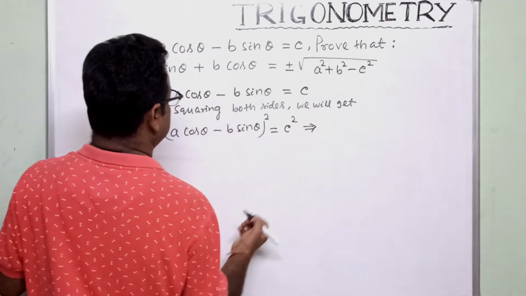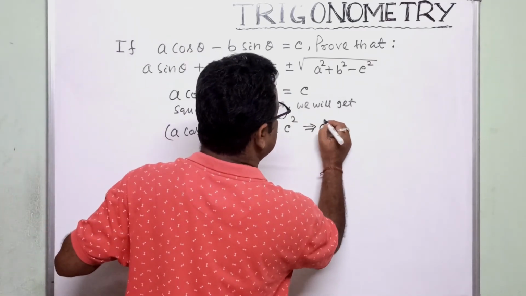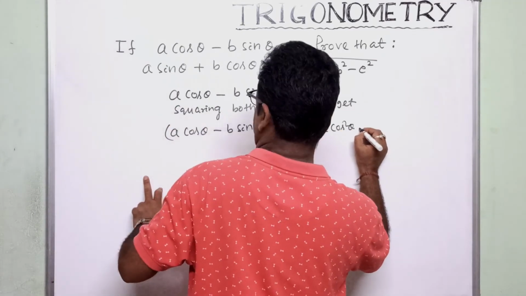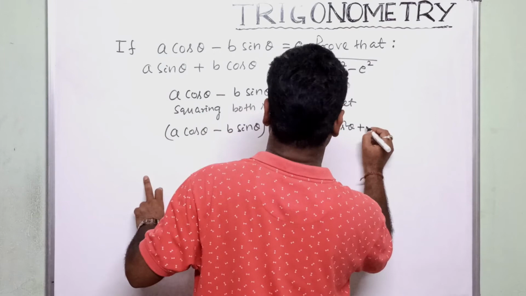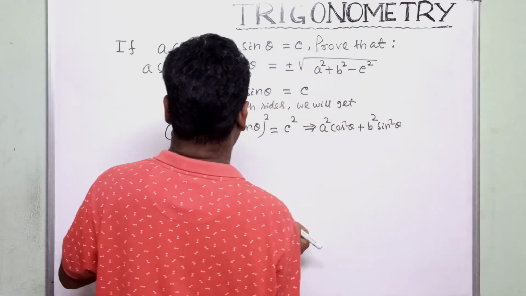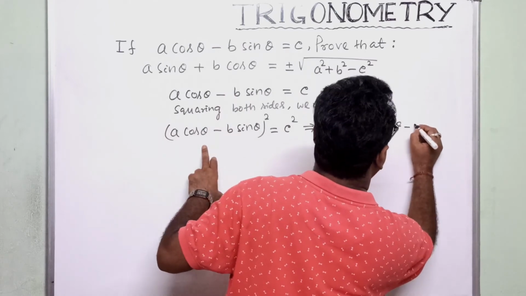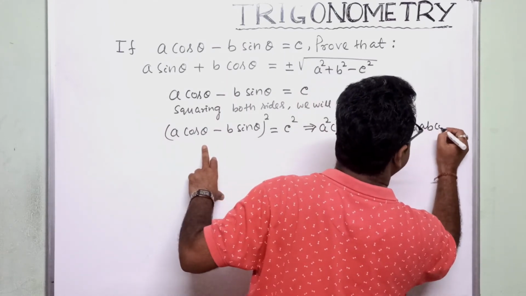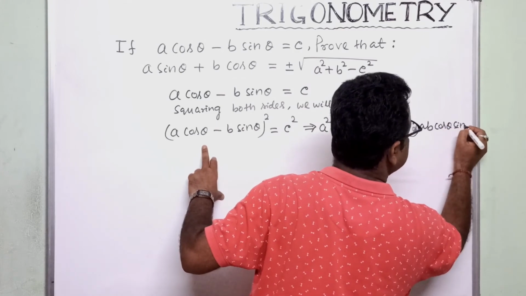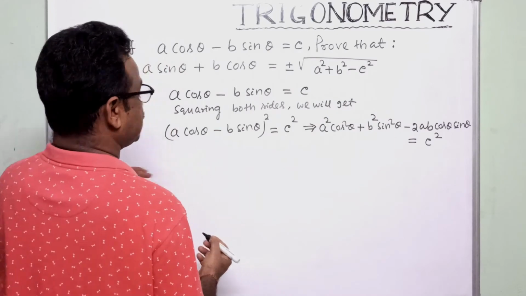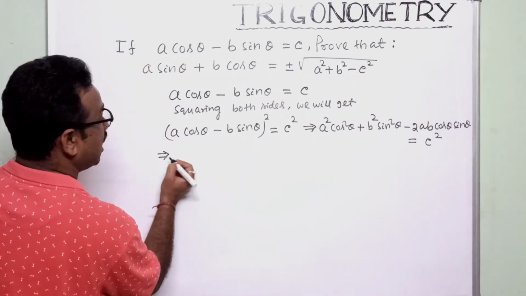That implies what? a square cos square theta plus b square sin square theta minus 2ab sin theta cos theta is equal to c square. Okay, so that implies how much?